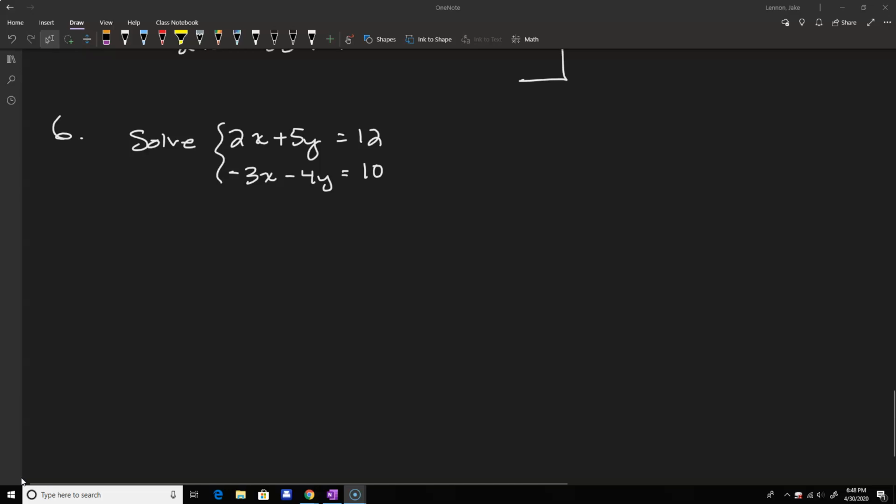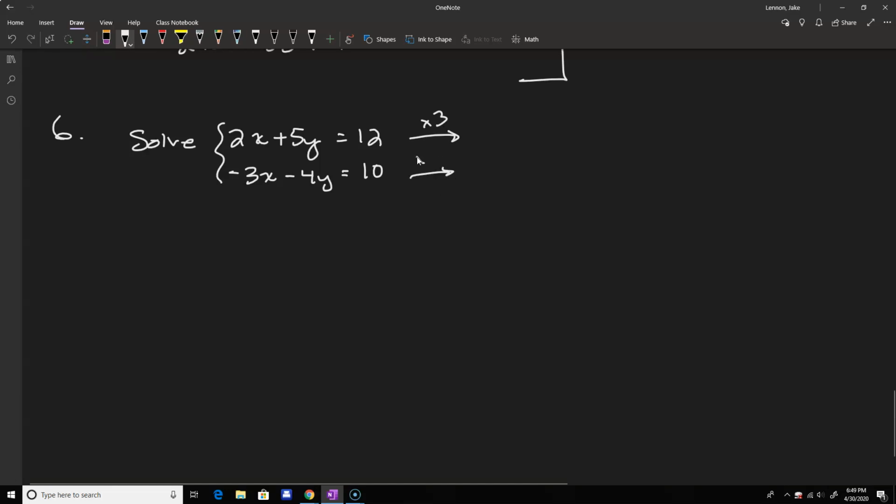So the way I like to go about solving this is with the elimination method. You pick a letter and you try to eliminate it by adding the equations. If you added the equations, nothing would go away, so you have to pick a letter. Let's pick x. We want to get a common multiple of x where the signs differ, so that when you add them together, you'll get 0. We can do this by multiplying the top equation by 3 and the bottom equation by 2.